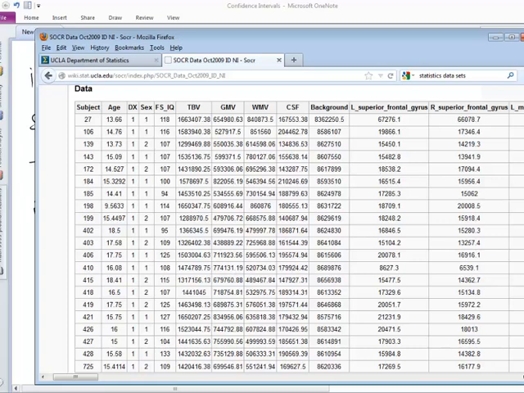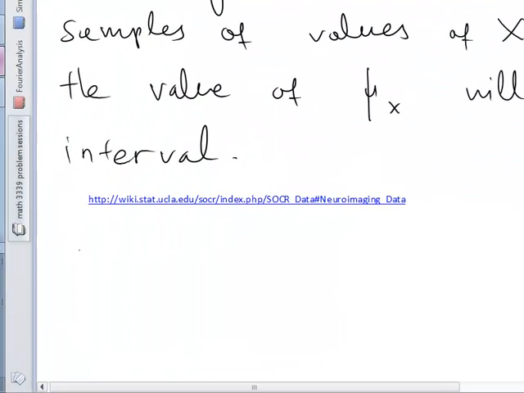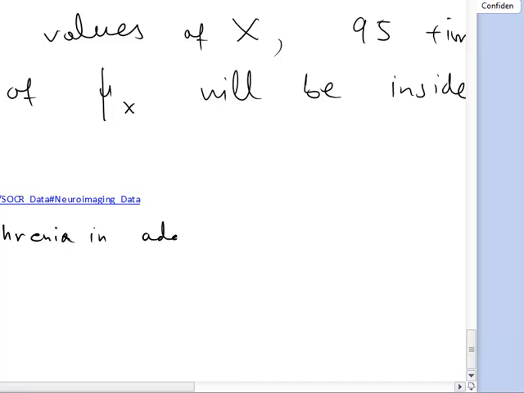So if X, and let me go to my file, here's my file. So study, schizophrenia study. Schizophrenia in teenagers, in adolescents. That's the study.